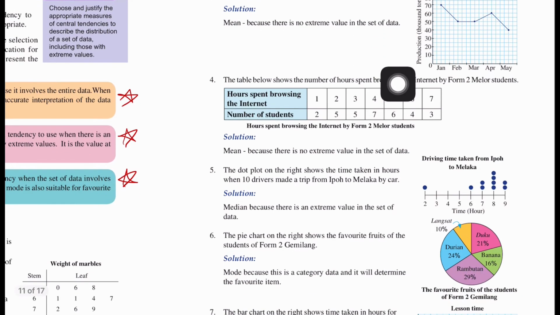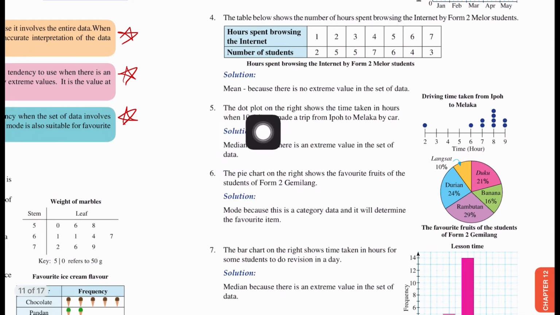Next, number 4. The table below shows the number of hours spent browsing the internet by Form 2 students. Sekarang tengok, no extreme data, right? So we can use mean. Next, the dot plot on the right shows the time taken in hours when 10 drivers made a trip from Ipoh to Malacca by car. 6 jam, 7 jam, 8 jam, 9 jam.